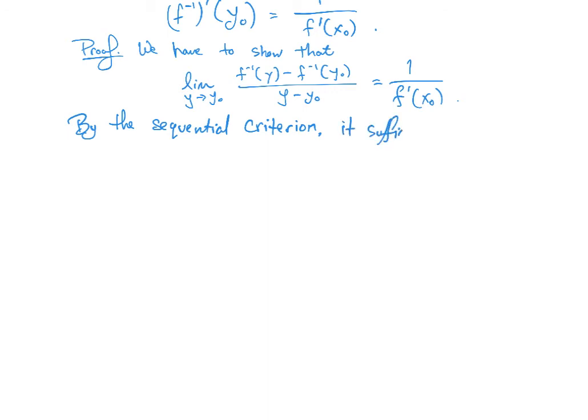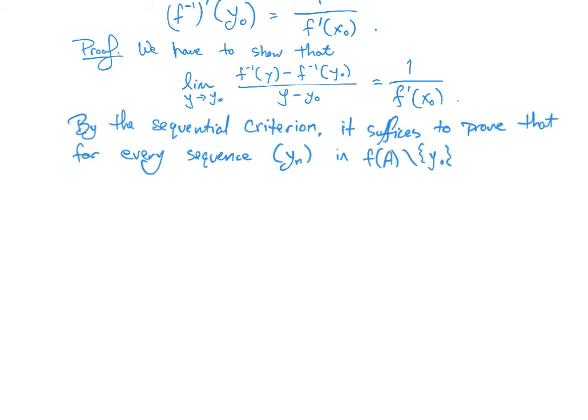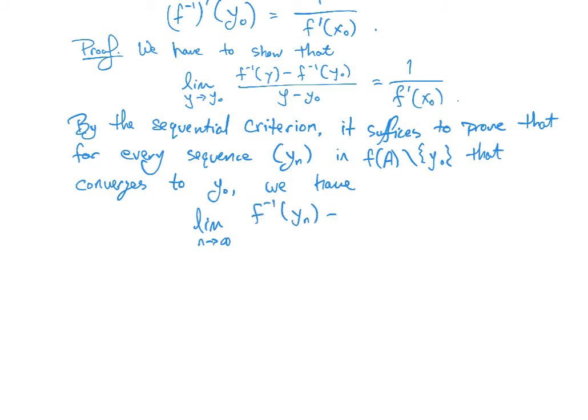It suffices to prove that for every sequence, and this has to be a sequence in f of A with y not removed, for every sequence in there that converges to y naught, we have this.